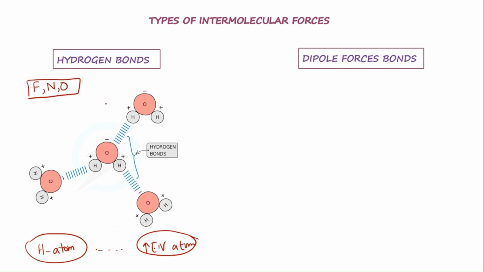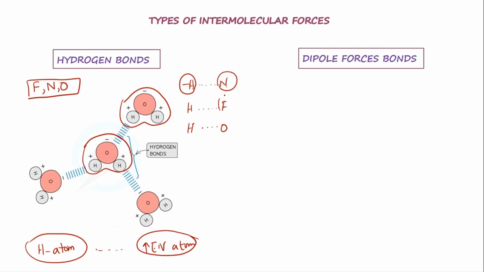So, whenever hydrogen of one molecule makes a bond with the electronegative atom of the other molecule, in this case oxygen, this bond will be termed a hydrogen bond. Whenever hydrogen of one molecule makes a bond with nitrogen, fluorine or oxygen, it will be called a hydrogen bond. But the one thing that you must understand here is that they are not present in one molecule, but they are the components of two different molecules.